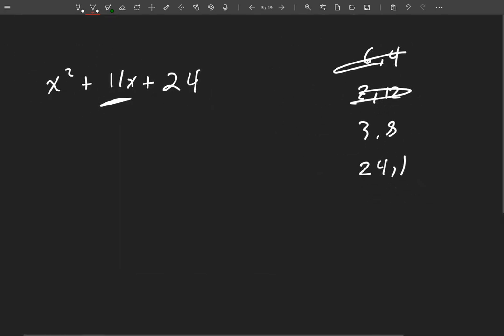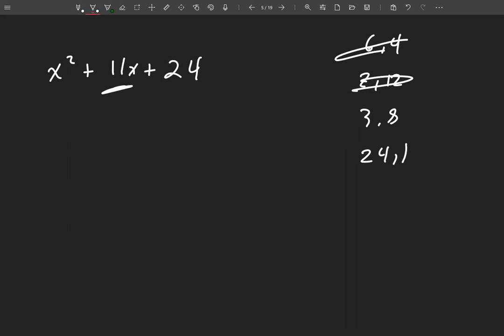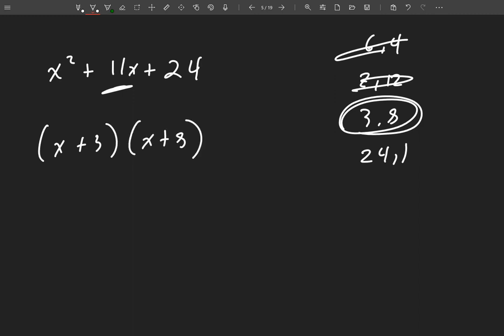My digital paper. It's trying to escape me. Okay, because 3 plus 8 is 11, and 3 times 8 is 24. That means these two numbers are our numbers. Okay, so that's how that factors.